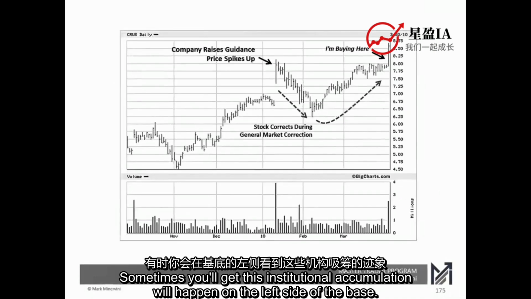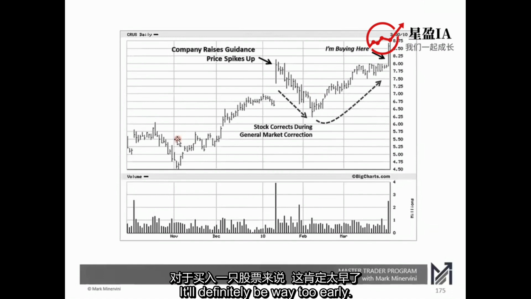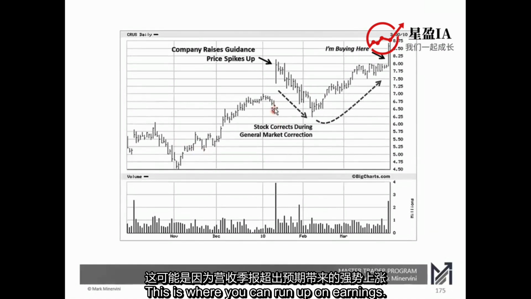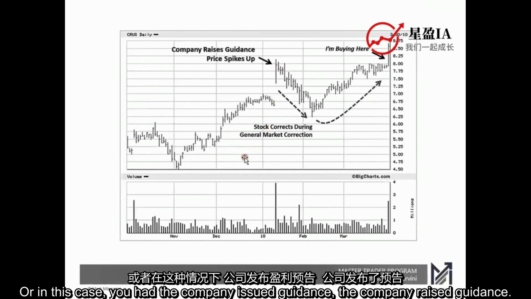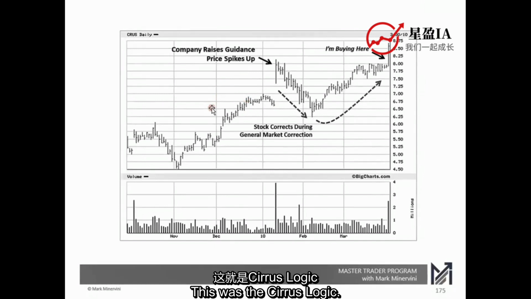Sometimes this institutional accumulation will happen on the left side of the base, and it'll definitely be way too early. You won't want to buy the stock. This is where you can run up on earnings, or in this case, company-issued guidance. The company raised guidance. This was Cirrus Logic.